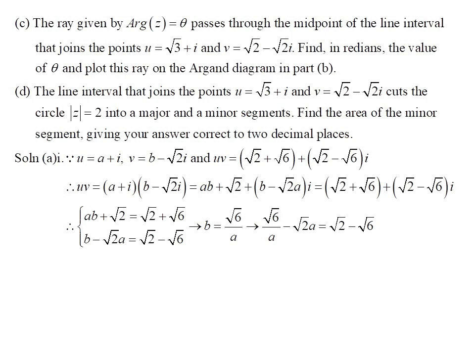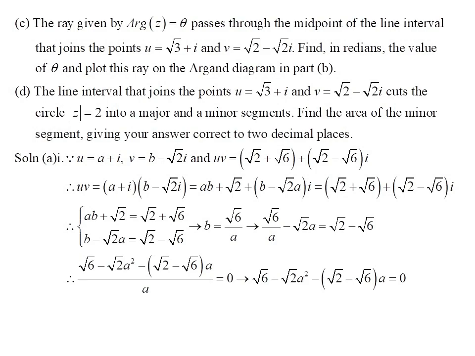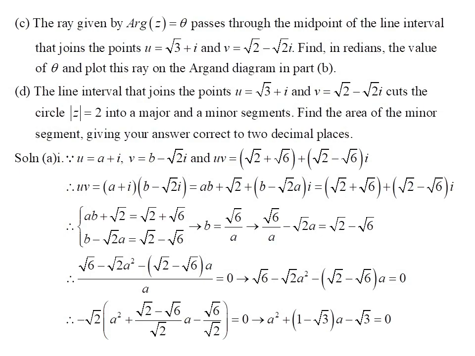After substituting square root 6 over a for b, we have square root 6 over a minus square root 2 times a equals square root 2 minus square root 6. After rearranging and simplifying the equation, we have a quadratic equation (a squared plus (1 minus square root 3)) times a minus square root 3 equals 0, as required in section 1 of part A.